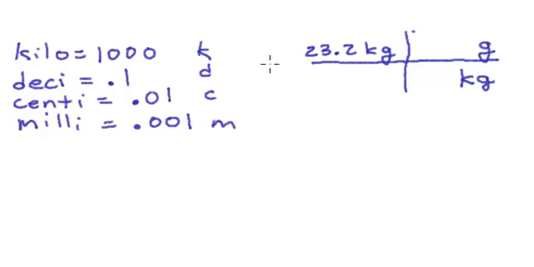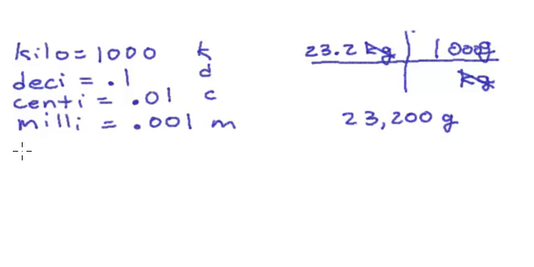Kilo means 1,000. So if I have 1,000 here, then I have 1,000 grams, 1 kilogram. Those are the same, and so I can multiply by that. Then I can cancel out my kilograms, and I am left with 23,200 grams as my answer.